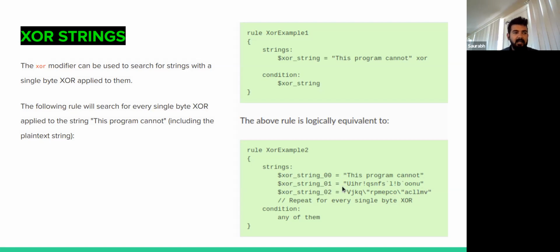Writing it like that is the same as writing it like that. If you provide the argument xor, it's going to identify this particular string and all of these strings as well. So it gets repeated at every XOR key.